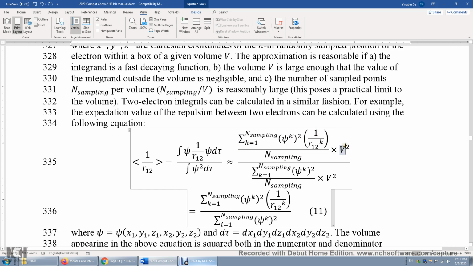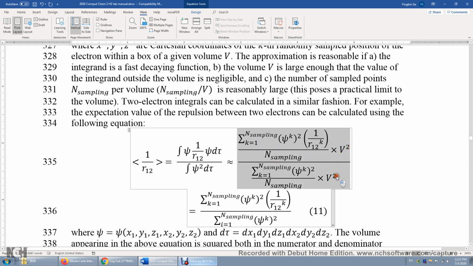V is the volume element, the volume for electron 1. V squared is the volume for electron 1 times the volume for electron 2, because we're actually doing a sextuple integral with respect to x1, y1, z1, x2, y2, z2. So that's why we have V squared here.